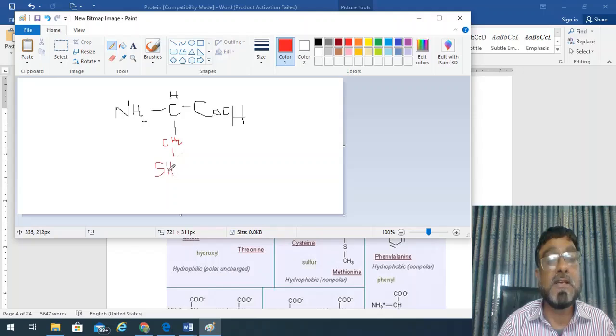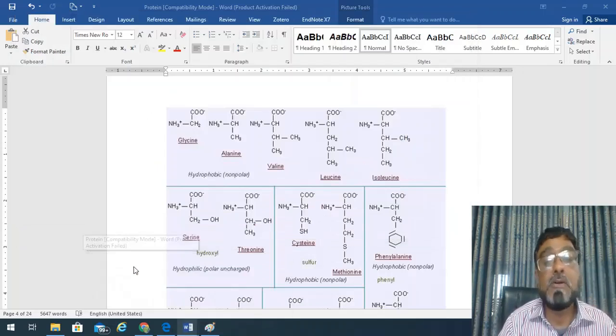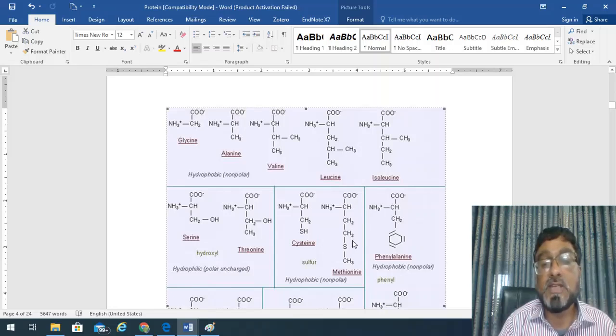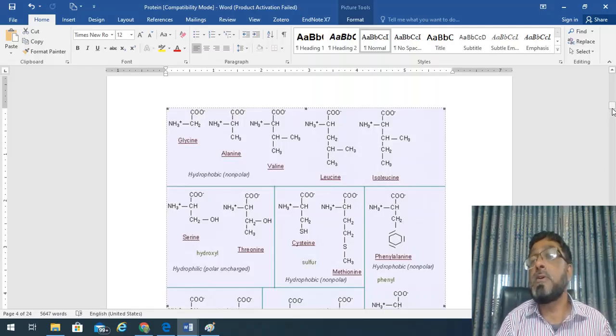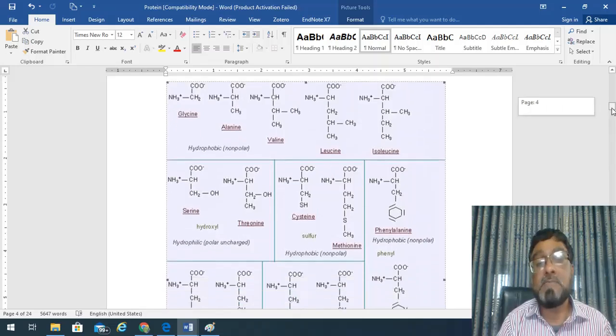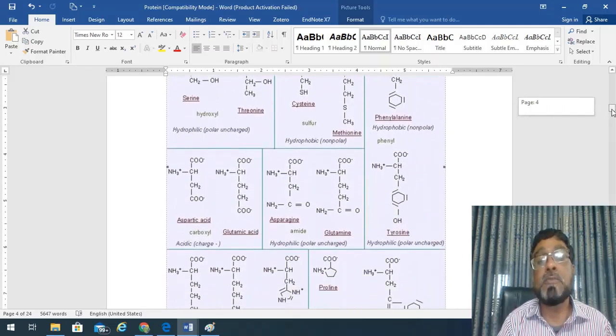So this is the amino acid cysteine. Then we will be looking at the methionine. This is the basic structure, CH2, CH2S, CH3. This is the methionine, right? So these are the examples for the hydrophobic and nonpolar, especially you can remember this for the sulfur containing amino acids.